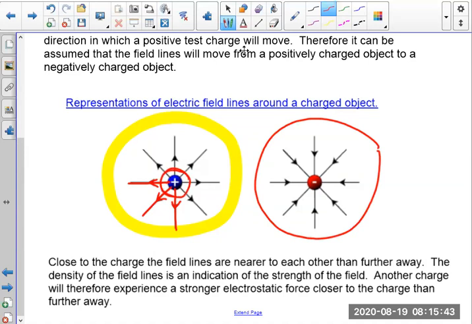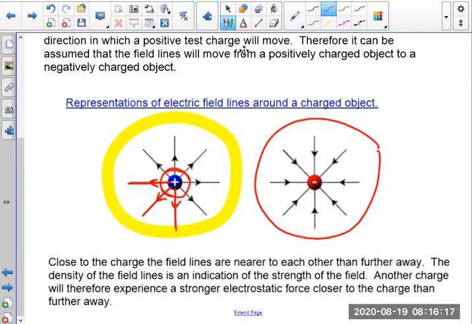So that means that the electric field is stronger the closer it is to the point charge. Close to the charge, the field lines are nearer to each other than further away. The density of the field lines is the indication of the strength of the field. Another charge will therefore experience a stronger electric force closer to the charge. Okay, so the electric field is the strongest the closer it is to the charge.